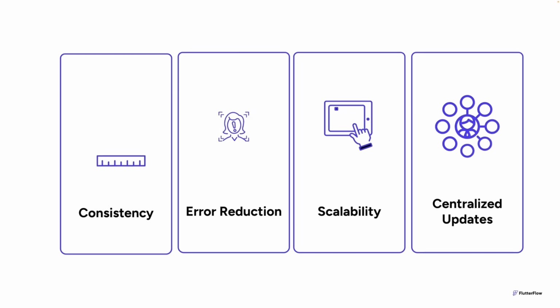When that component is updated, all instances of it throughout the app automatically reflect those changes. This greatly reduces the effort needed to maintain and update your app, and it also impacts performance by reducing rebuilds by parsing things into their own class and isolating the states.